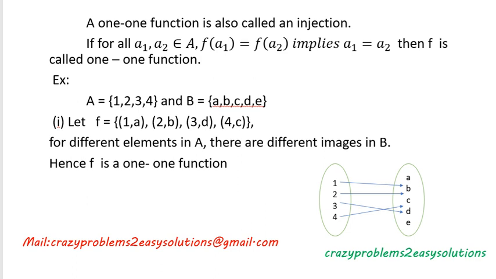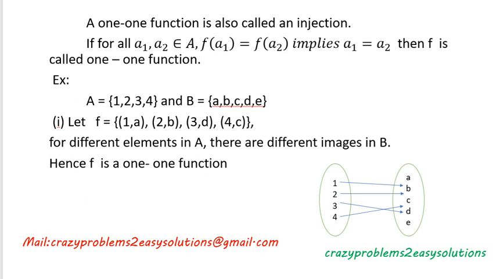For example, we take the set A = {1, 2, 3, 4} and B = {a, b, c, d, e}. Now let us define the function f: 1 maps to a, 2 maps to b, 3 maps to d, 4 maps to c.